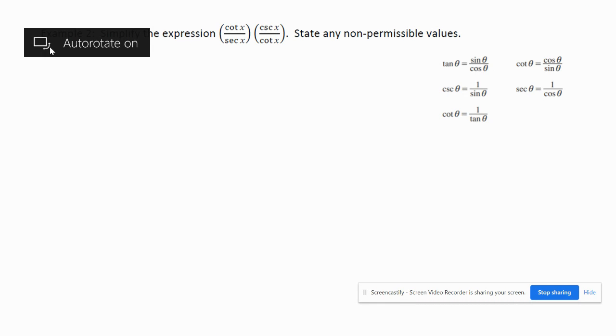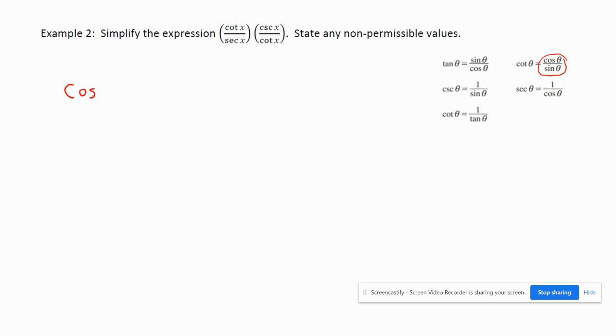All right, so cotangent x is the same thing as 1 over tan, but it's also the same thing as cos over sine. So guys, the general strategy is you want to make everything in terms of cos over sine that you can. So I'm going to replace cotangent x with cos over sine.